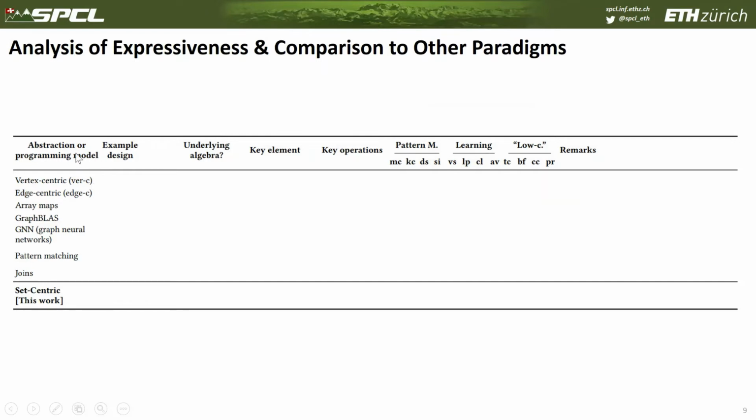And in the first row, we can see different aspects that we are considering: an example scheme, whether there is an underlying algebra, what the key element and the key operations of a given paradigm are, and then something which is most important for us in this slide, the supported problems.